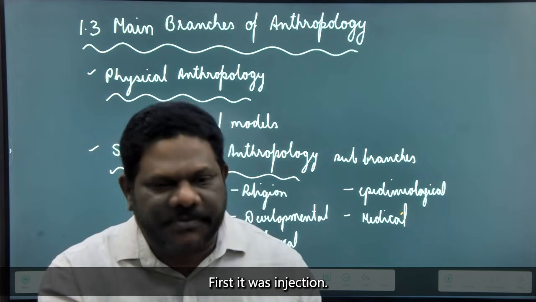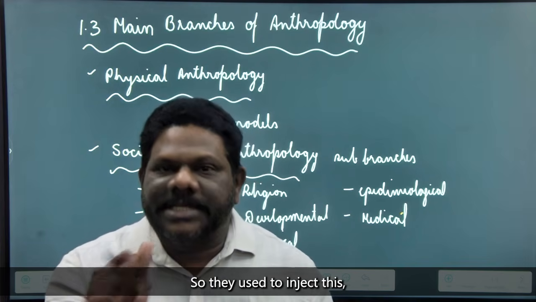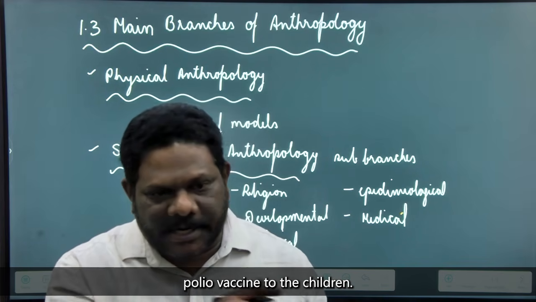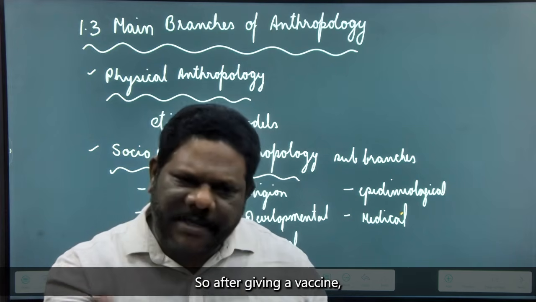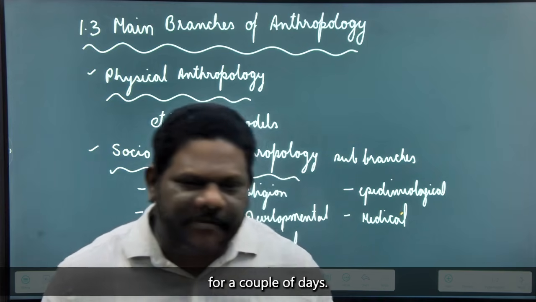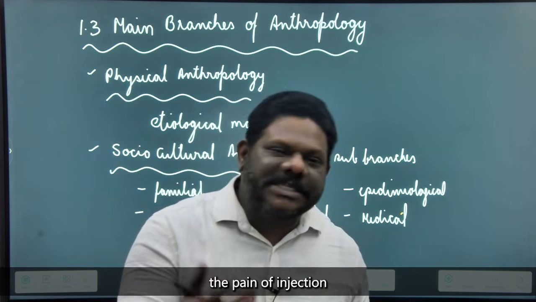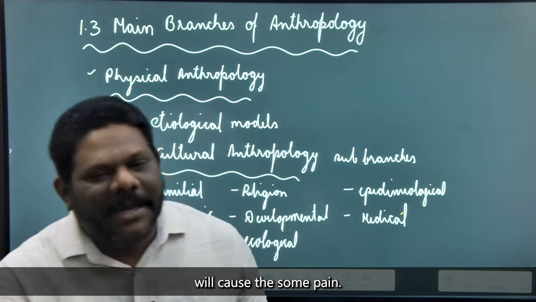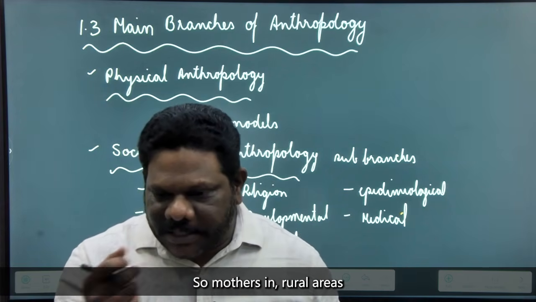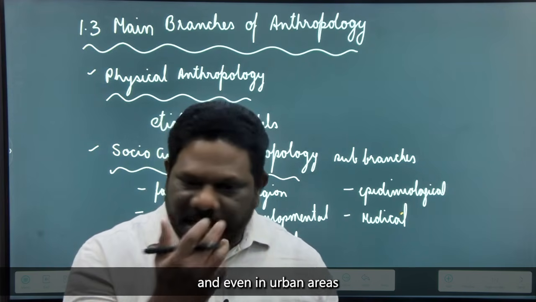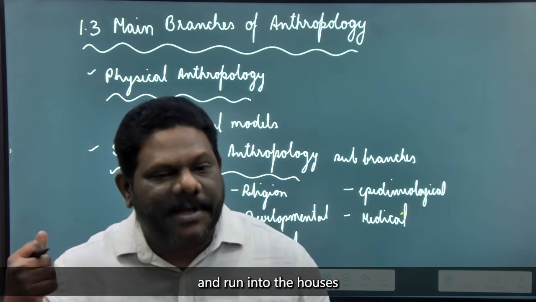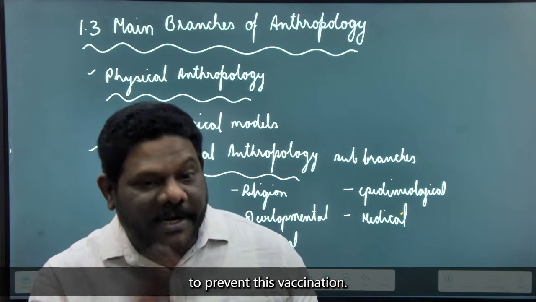Drops came later; first it was injection. So they used to inject this polio vaccine to the children. After the vaccine, the body's response was that the child would suffer from fever for a couple of days, and the pain of the injection would make the baby cry. So mothers in rural areas, and even in urban areas, because of lack of awareness, used to take their babies and run into the houses to prevent this vaccination.